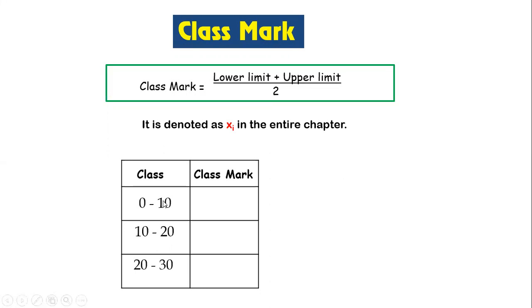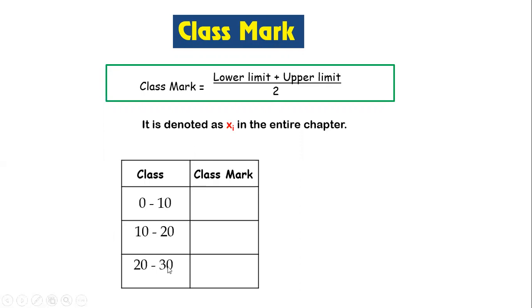The number on the right side is called as upper limit. So, in 0 to 10, 0 is the lower limit, 10 is the upper limit. In 10 to 20, 10 is the lower limit, 20 is the upper limit. In 20 to 30, 20 is the lower limit, 30 is the upper limit.